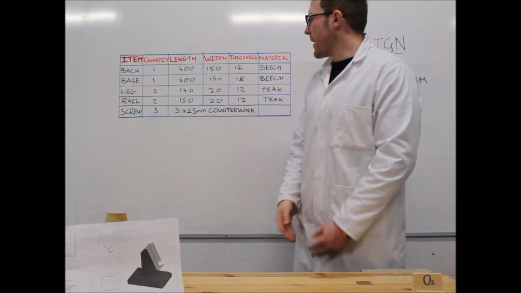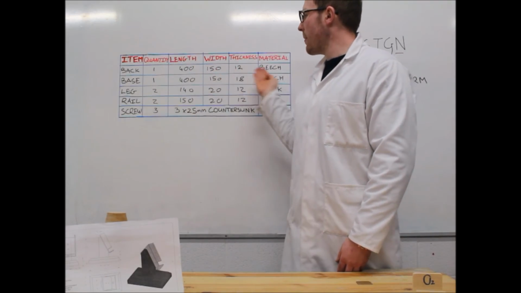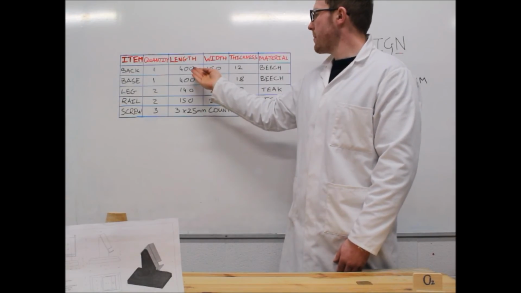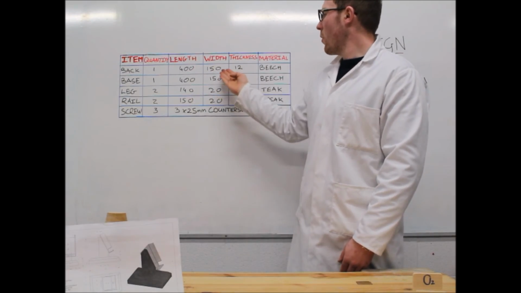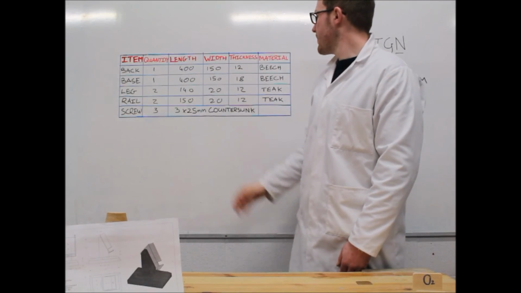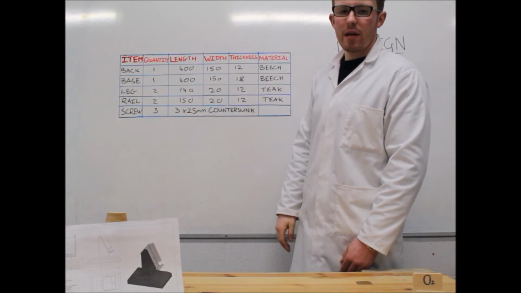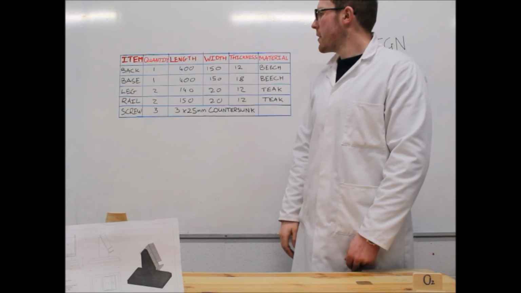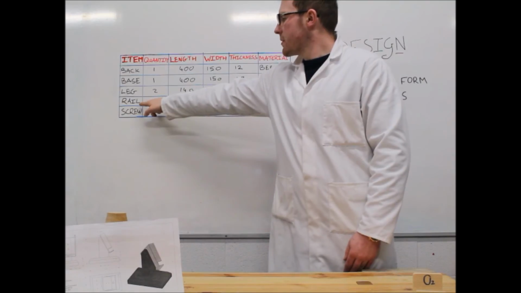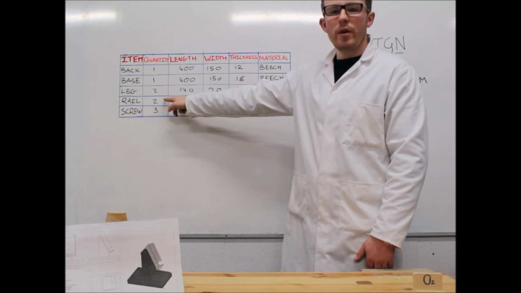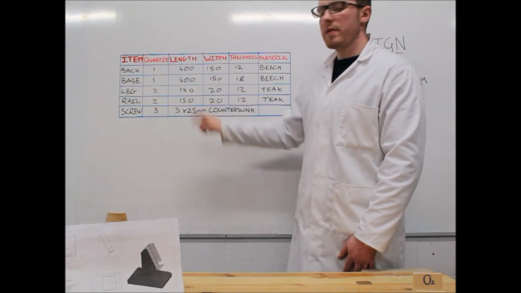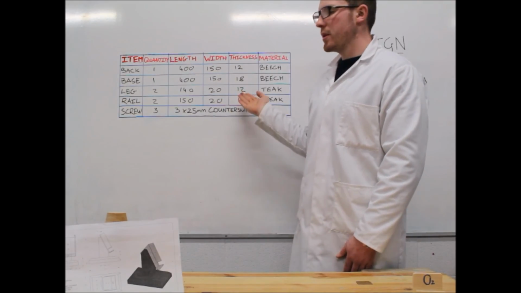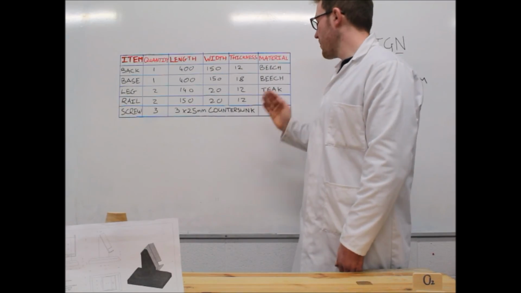What you will need for your back piece, this list will tell me I need one back piece that is 400 millimeters long, 150 millimeters wide, 12 millimeters thick, and is made from beech. The same with my rails. I will need two rails that are 150 millimeters long, 20 millimeters wide, 12 millimeters thick, and are made from teak.